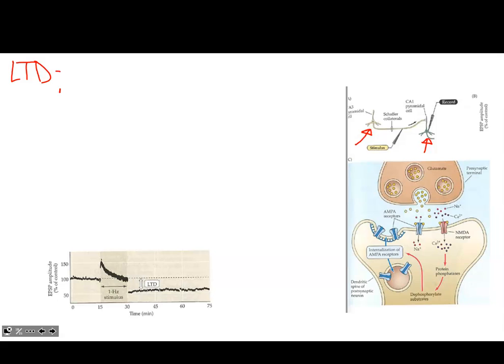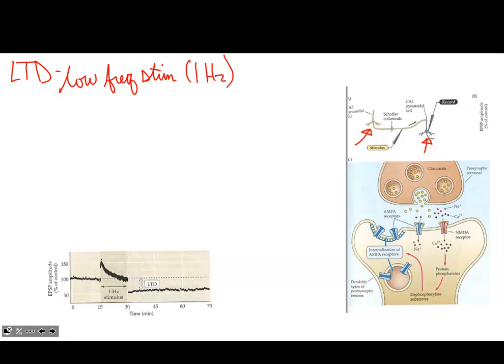And so what we see here is low frequency stimulation, as opposed to, remember, that HFS, the tetanus that we would apply, that's what LTP was, but in LTD, low frequency stimulation. How low are we talking about? Well, 1 hertz.